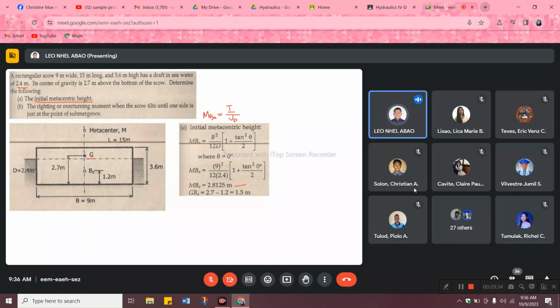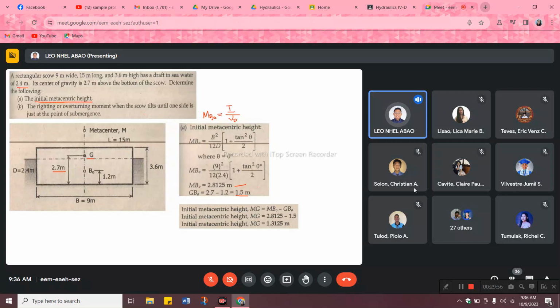Now to get the GBO, same as before, minus. The 2.7 is given, so we subtract 1.2, which is the BO, and we get our GBO. Since MBO is bigger, we can say that it is stable.